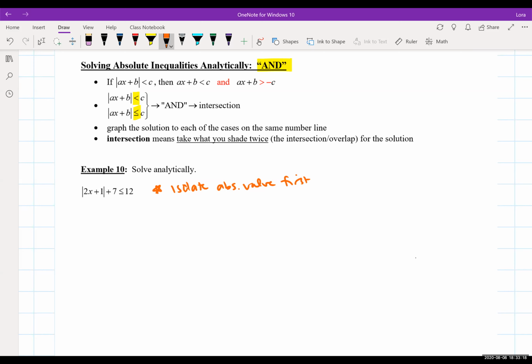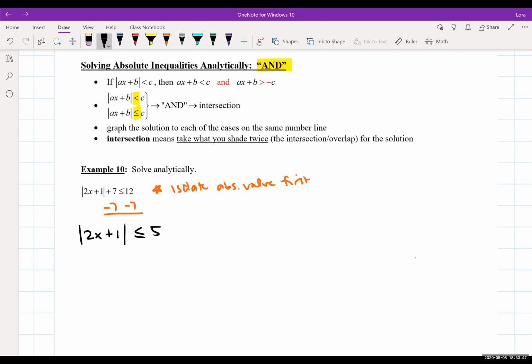And what I mean by that is if we're looking at absolute value of 2x plus 1 plus 7 less than or equal to 12, we're going to subtract 7 from both sides. And so we will end up with an equivalent absolute value inequality. Absolute value of 2x plus 1 is less than or equal to 5. And so now we're in a form that we're a little more confident with.